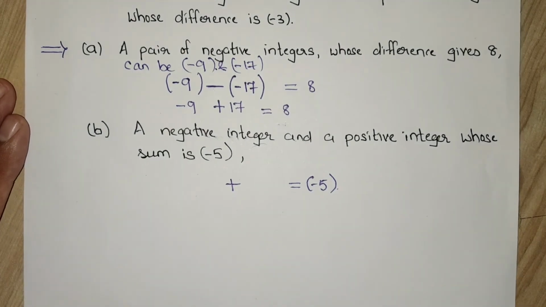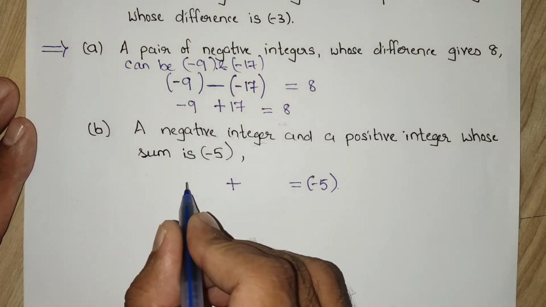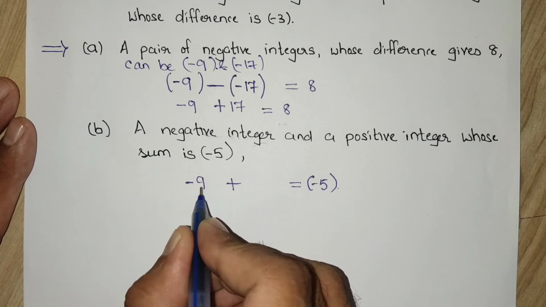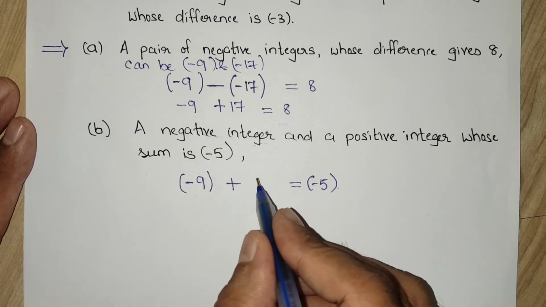Students, here also the same procedure will be applied. You are supposed to take two integers, two numerical values, such that when you subtract their numerical values, it gives 5. So if I am taking first a negative integer as minus 9, they told us to take one positive integer.